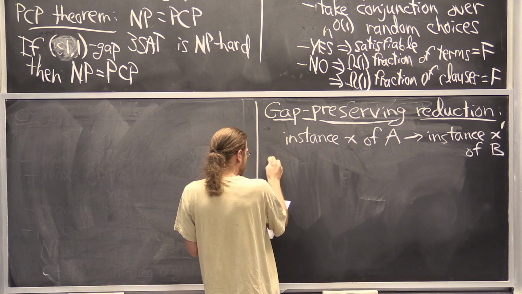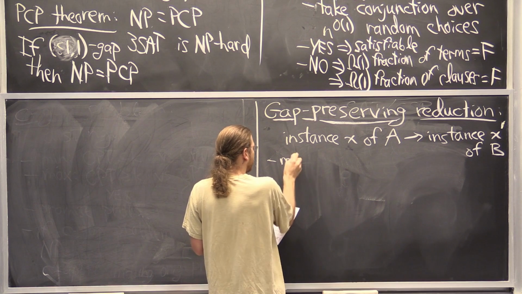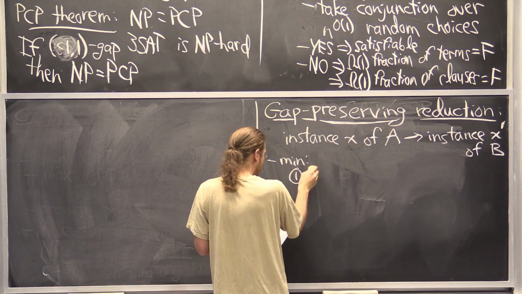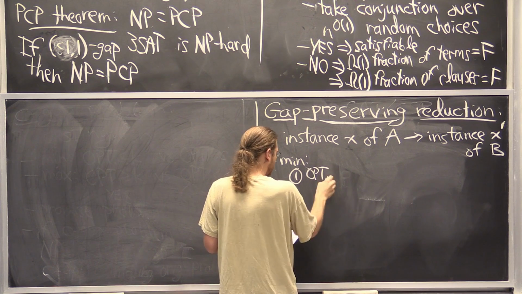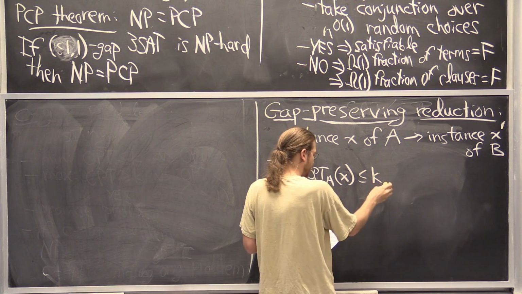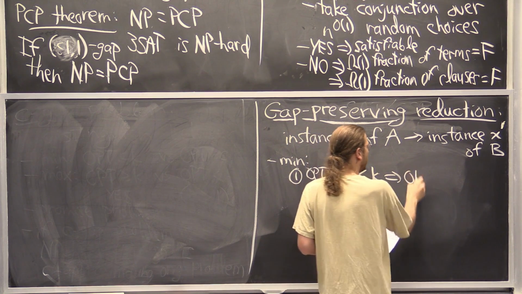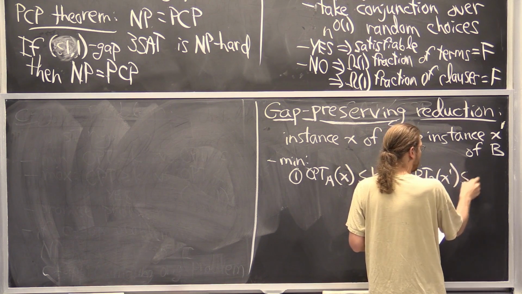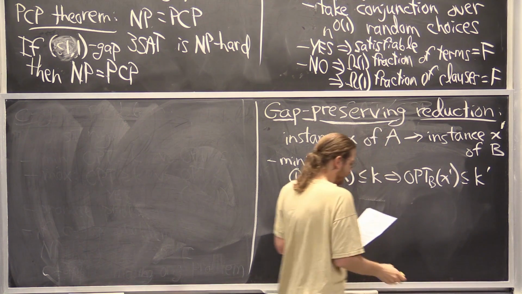And what we want, for a minimization problem, is two properties. One is that if the opt of x is at most some k, then the opt of x prime is at most some k prime.